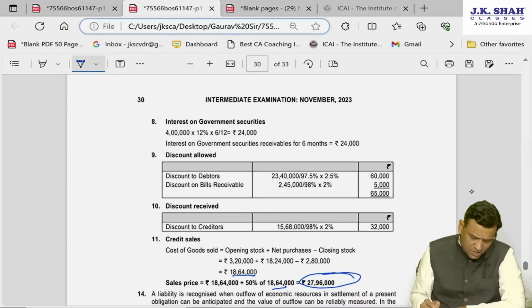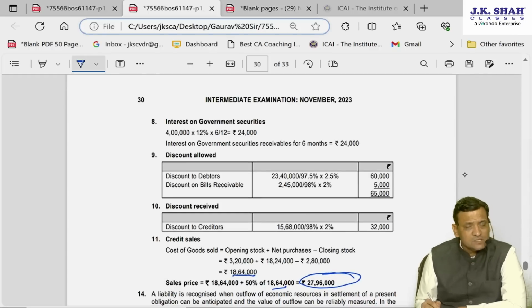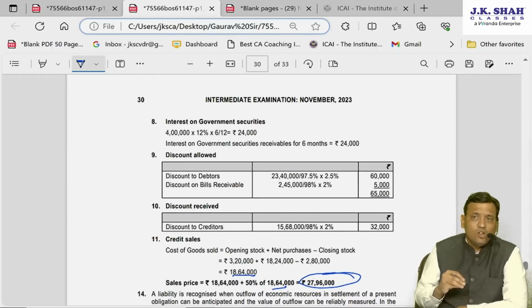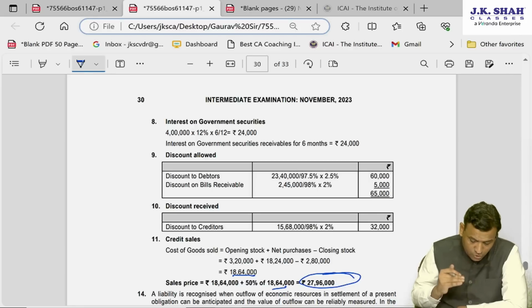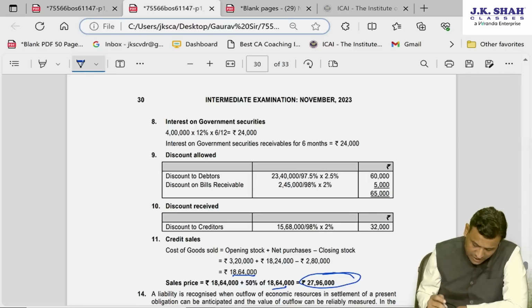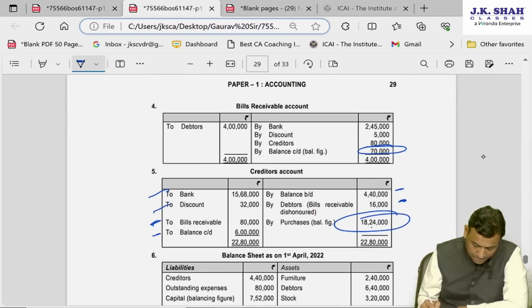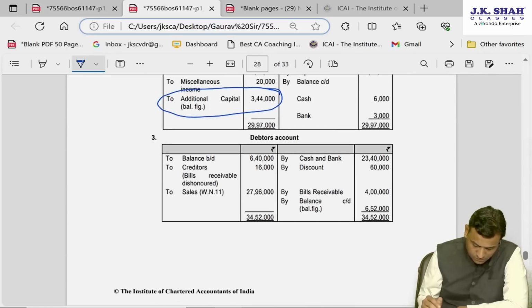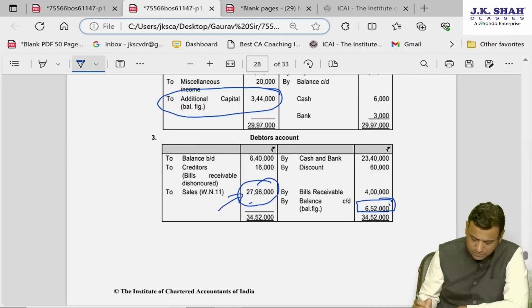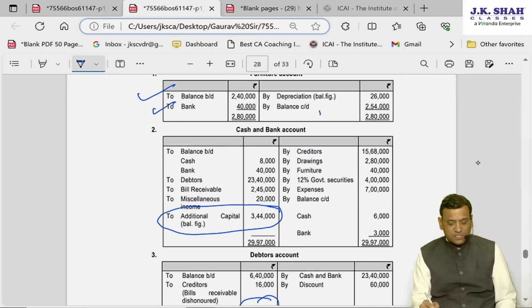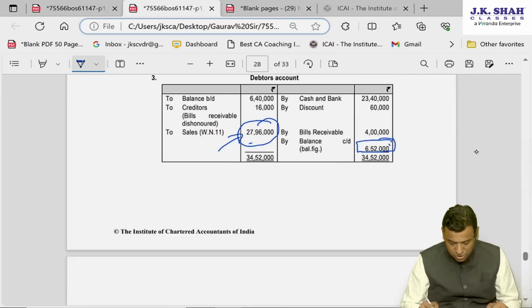Okay, this question is simple, but friends, it only has a lot of calculation. We need to go slowly, one by one, then only this sum can be done. Debtors account, this sales was there, and the remaining balancing figure comes here. Rest, nothing new in this question.